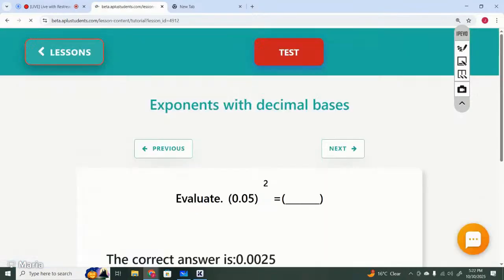exponents with decimal bases. 0.05 exponent 2.